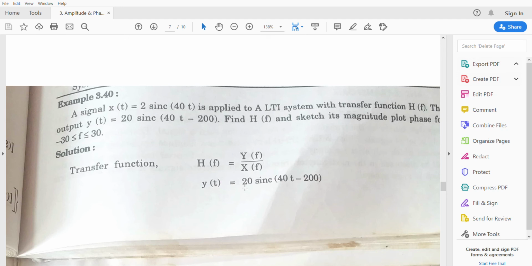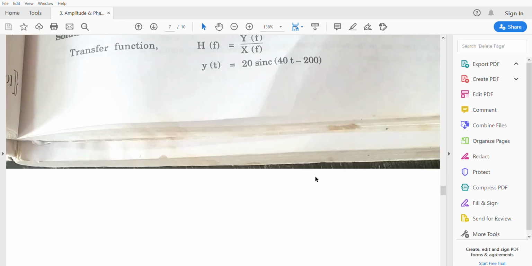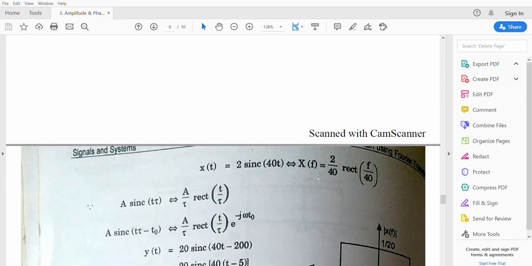Now to find the Fourier transform of this, as I told you previously, first identify what your original signal is here, sinc, and we know the Fourier transform of sinc is the rectangular pulse. One more important thing: we need to apply the Fourier transform property, because it is not only t, it is t minus 200, meaning the time shifting property, t minus t0, where t0 is 200. We already discussed the time shifting property.